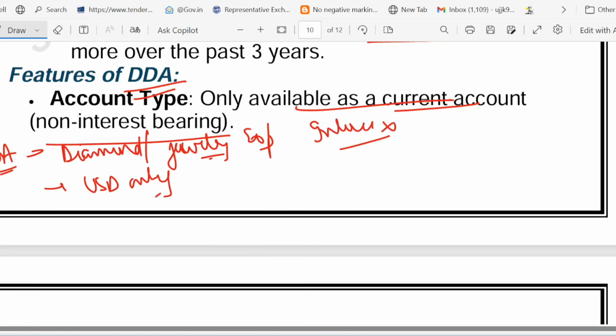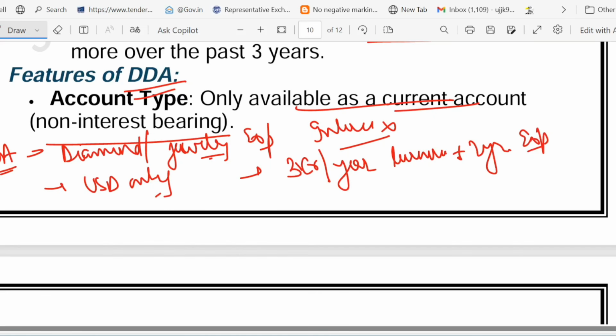Minimum eligibility, I told you, 3 crore per year turnover plus 2-year experience. Then I told you about maximum 5 DDA accounts per firm. Then transfer not allowed between DDA. Okay, so these are the points.